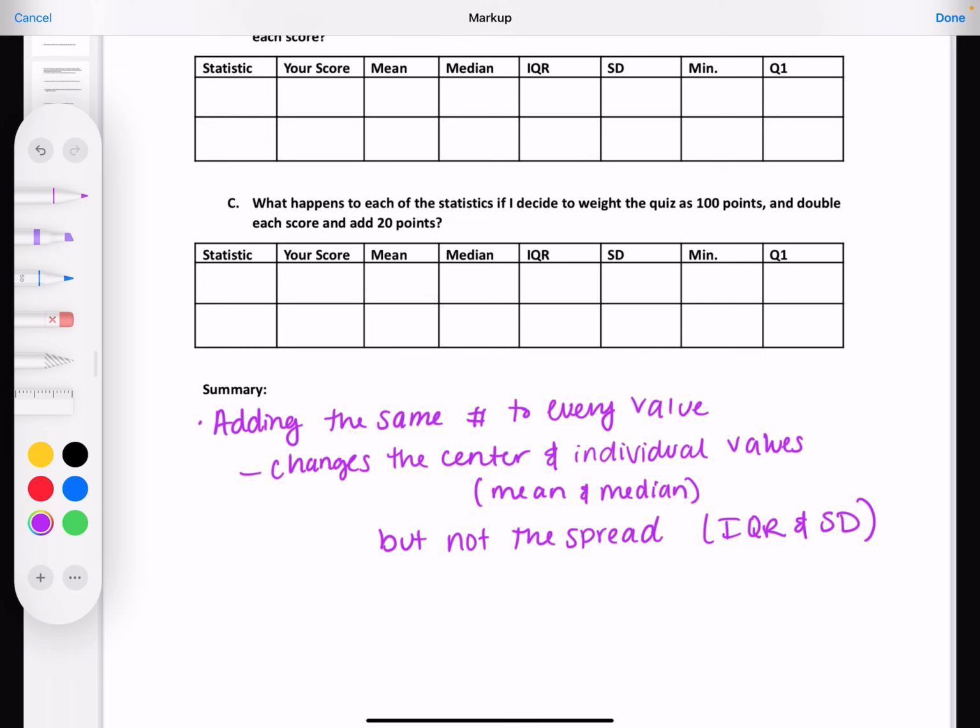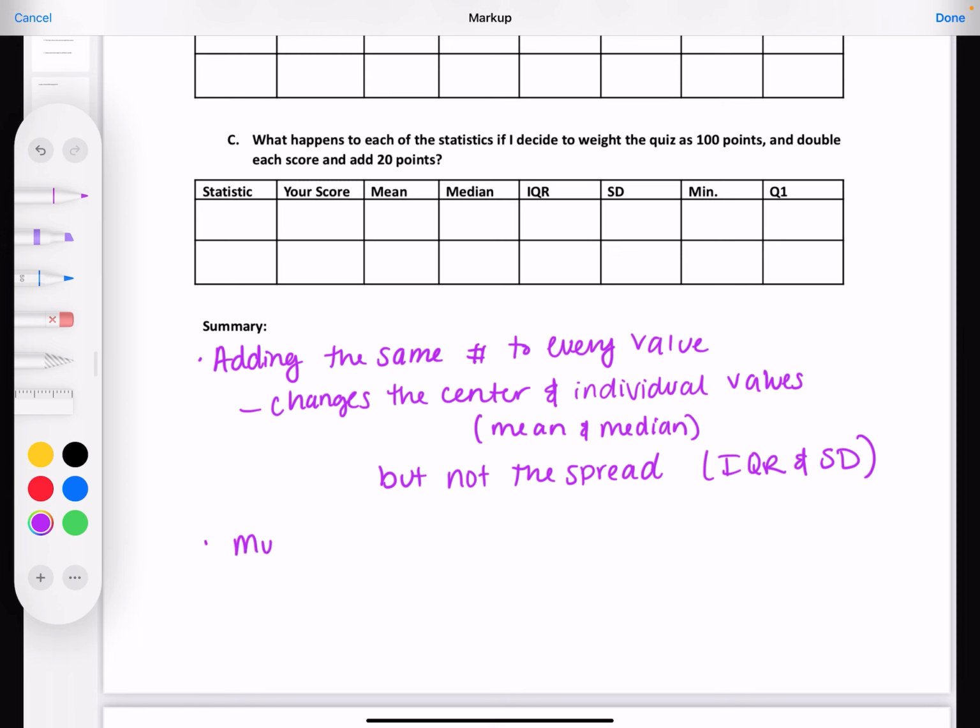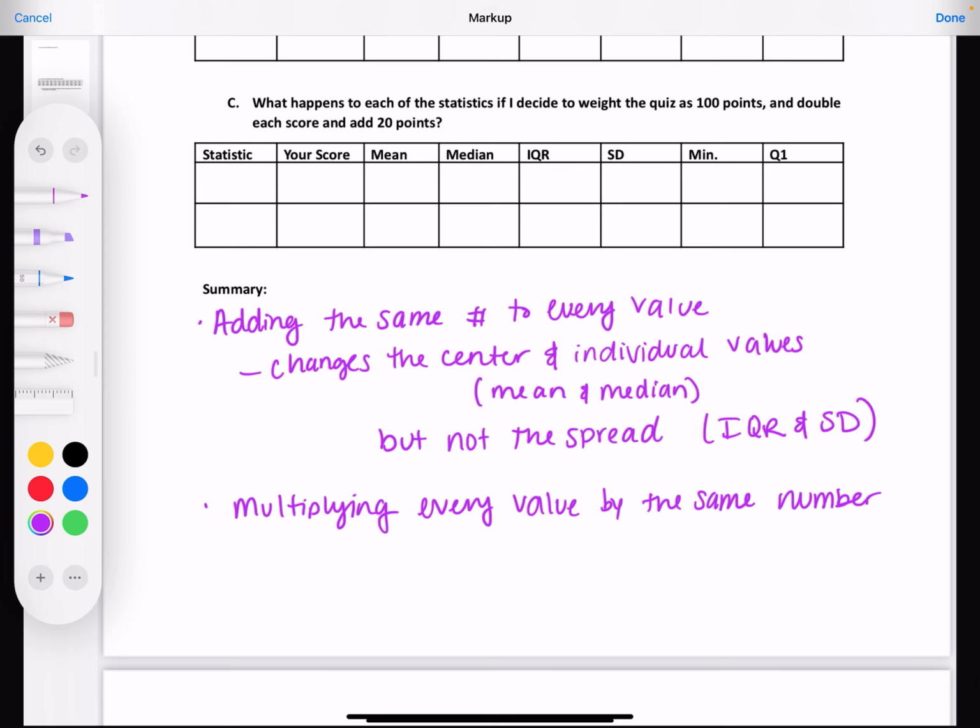Now that's if you're adding, but sometimes we also multiply. So for multiplying every value by the same number, when you do that, it changes the center and individual values. That's still your mean and the median.